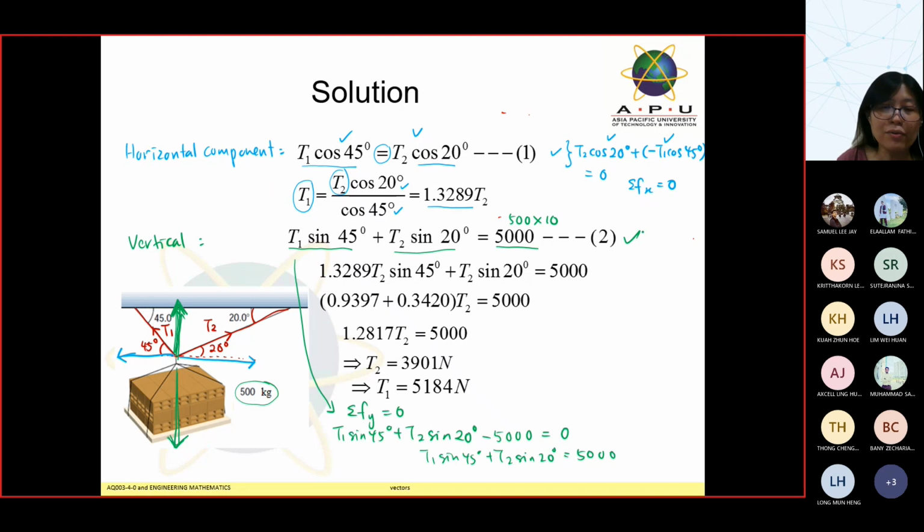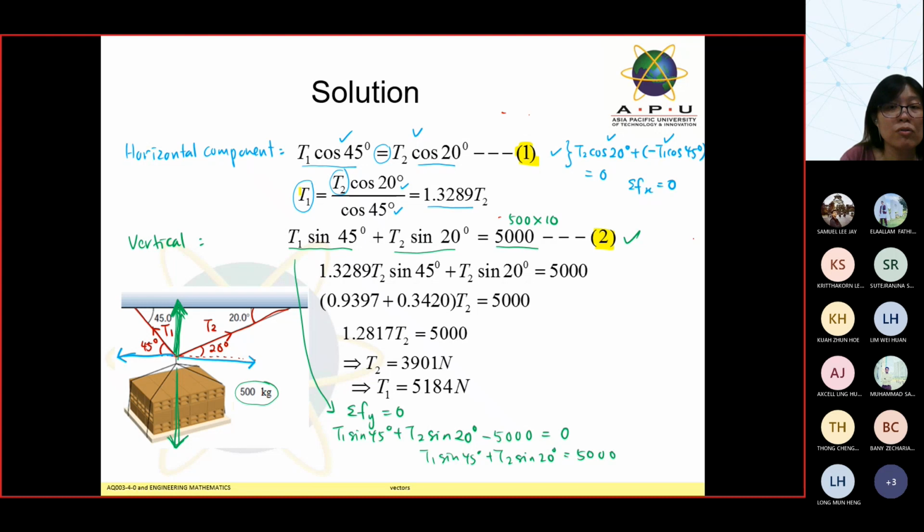Okay, so now we get number 2, the vertical. Then, most important is you understand how to get the horizontal and the vertical. Once you know how to get the horizontal and vertical, then you can proceed to solve for T1 and T2.